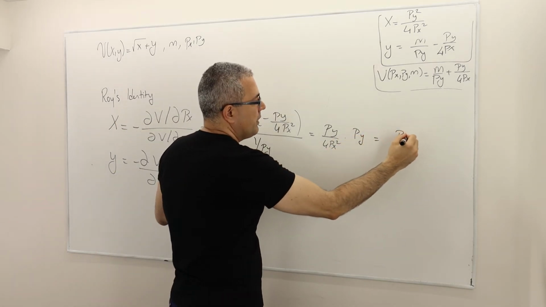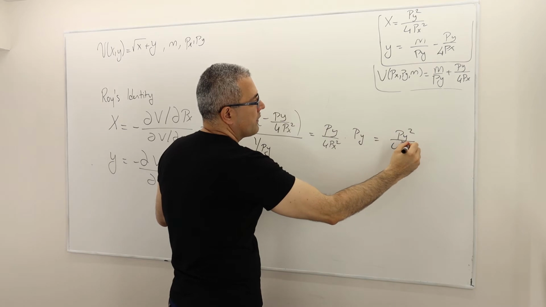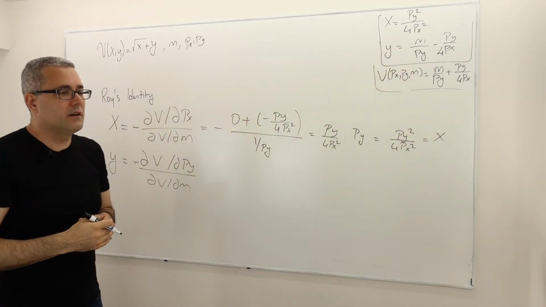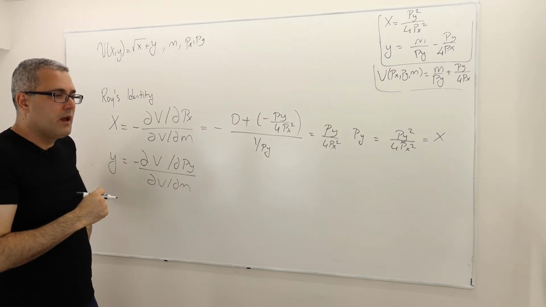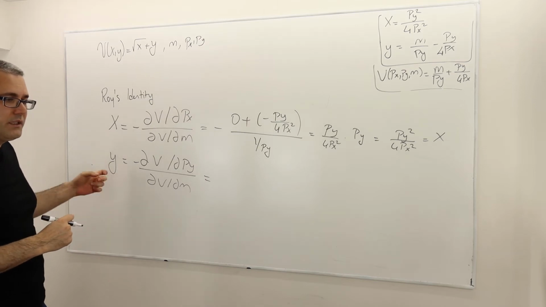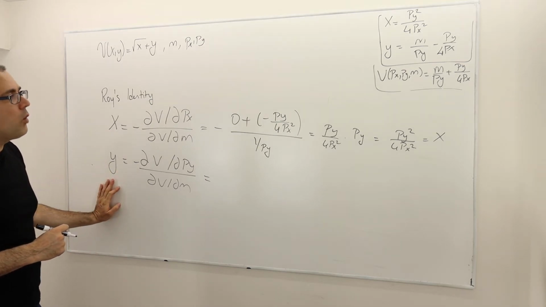So that's equal to Py squared divided by 4Px squared, which is, as you see, x.